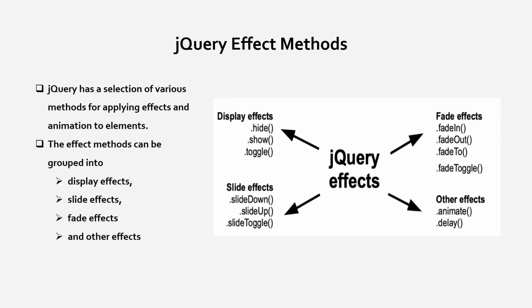Now we are going to discuss about jQuery effect methods. jQuery has different types of methods for applying effects and animation to elements that can be grouped into display effects, slide effect, fade effect, and other effects.